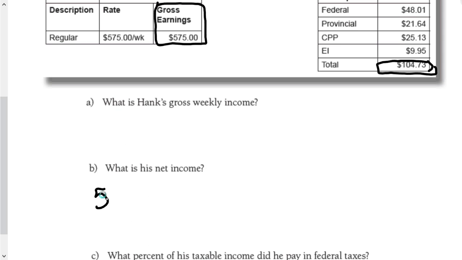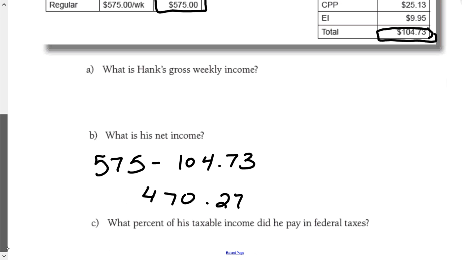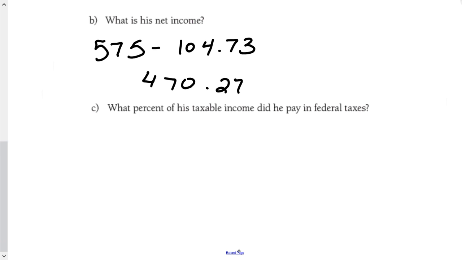So 575 minus 104.73, and that should give us 470.27. And C asks us what percent of taxable income did he pay in federal taxes? So federal taxes, we paid 48.01.